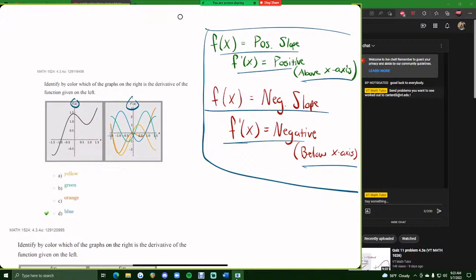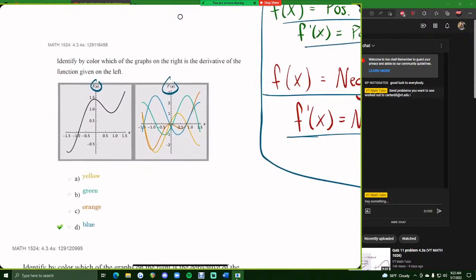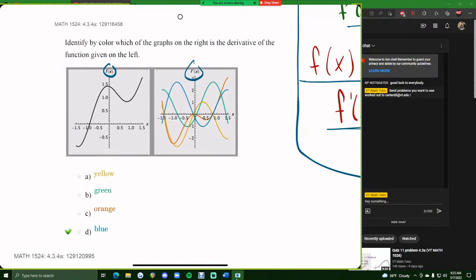x-axis. So usually I just like to start off by looking at the original function here. So I'm going to zoom in. I know people hate when I zoom in. Let's keep it rolling though. We look at the start here. At the very start, the leftmost side of the graph, this starts with a slightly negative slope.